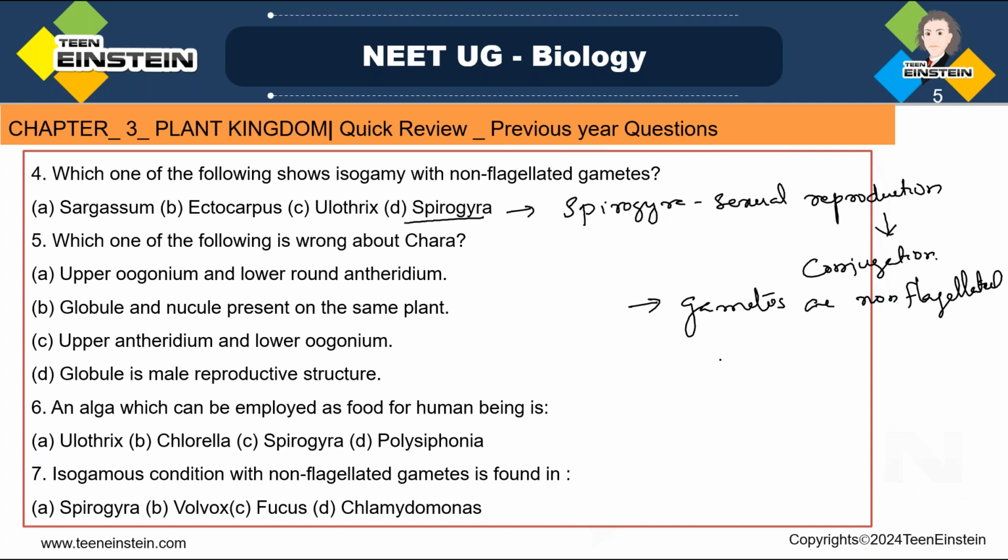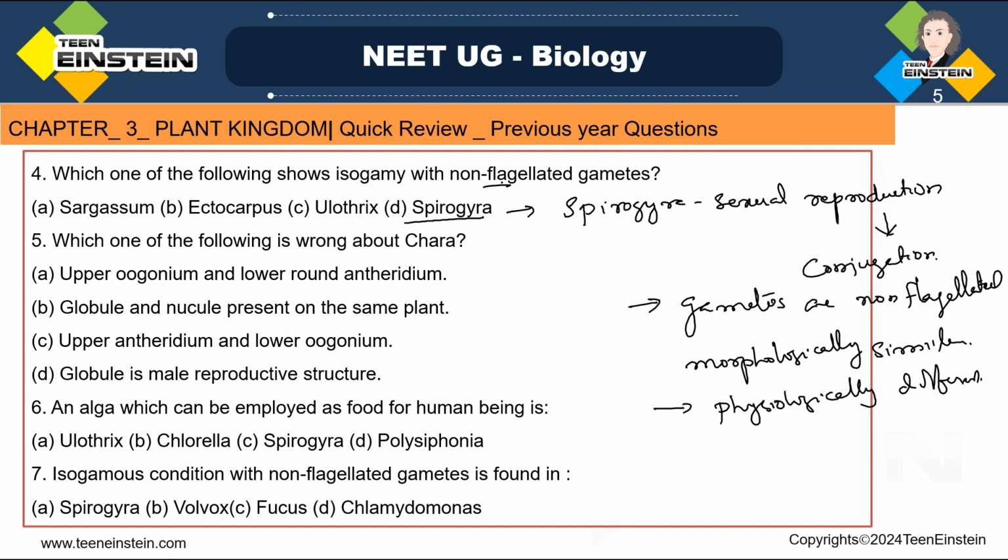So sexual reproduction in that, the gametes are non-flagellated and they are morphologically similar, but physiologically they are different. So here you can see non-flagellated gametes in Spirogyra, but they are showing isogamy, right? Physiologically they are different, but morphologically they are similar, right?